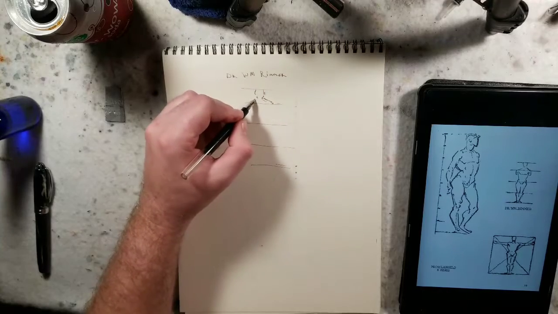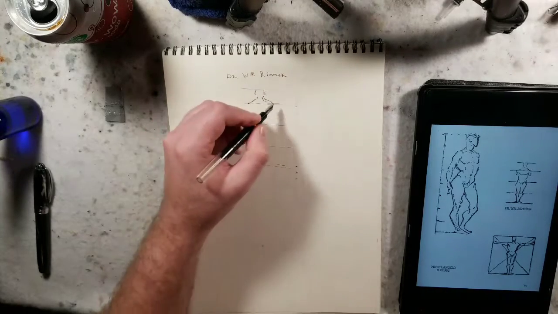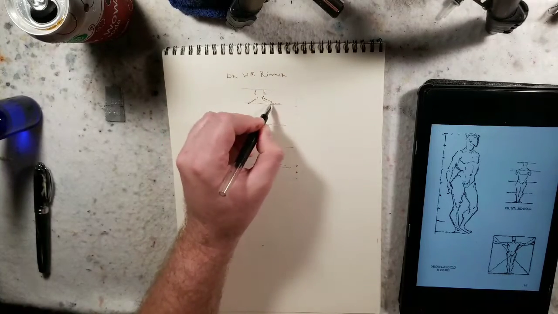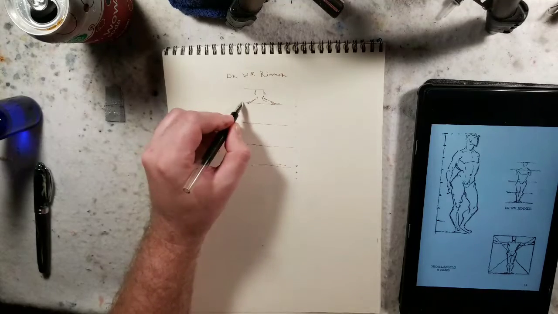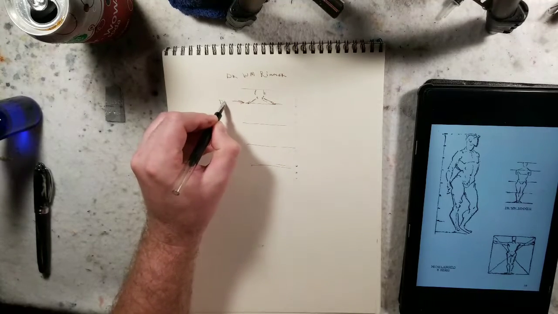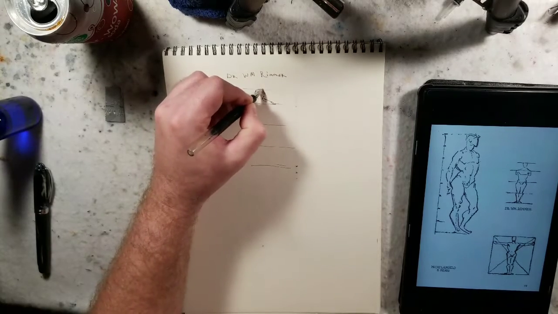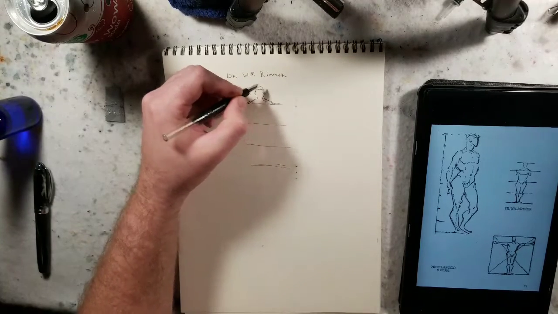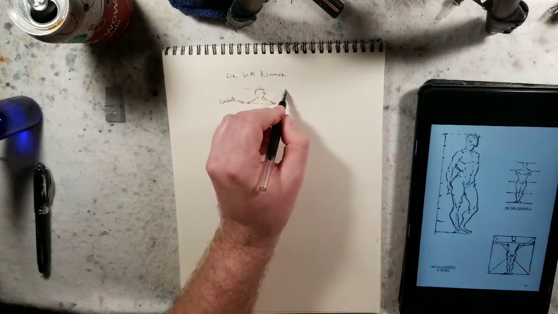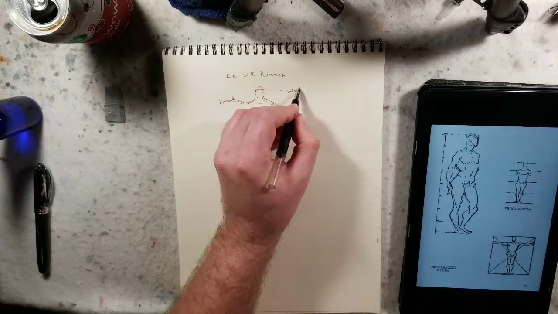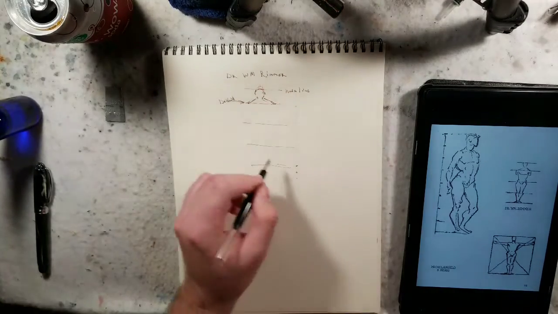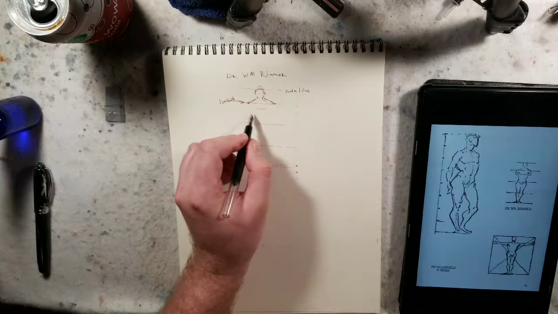Feels a little cramped up in this one, but that's that deltoid shoulder that we talk about. It's almost like hairline. So I'm just going to call it to that.